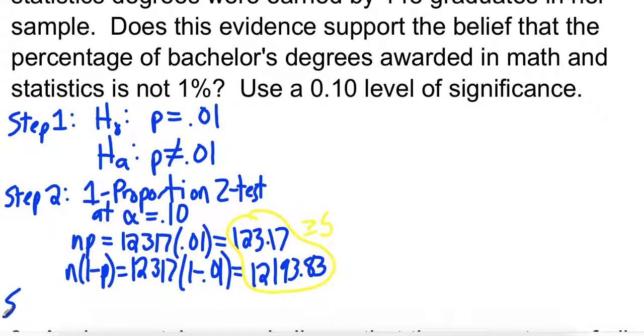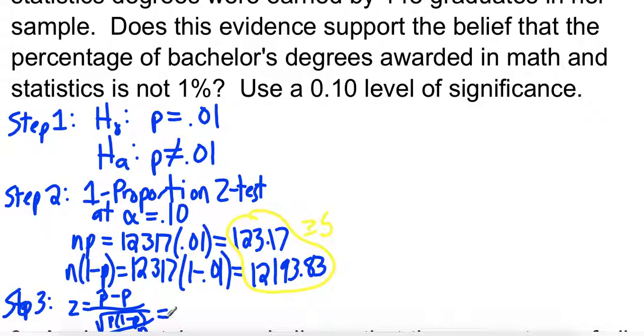Step 3, we need to calculate our test statistic. So z is going to be p hat minus p over the square root of p times 1 minus p over n. All right, p hat, that's what she found from her study.